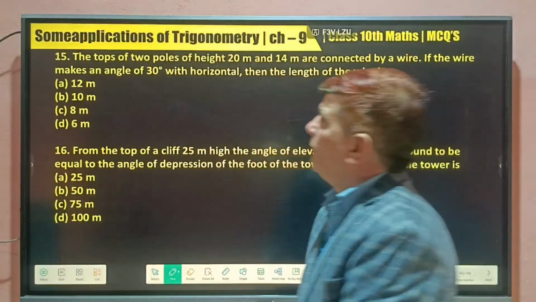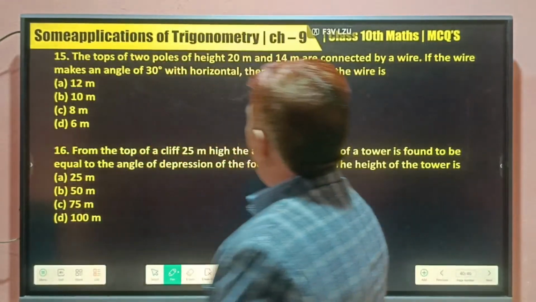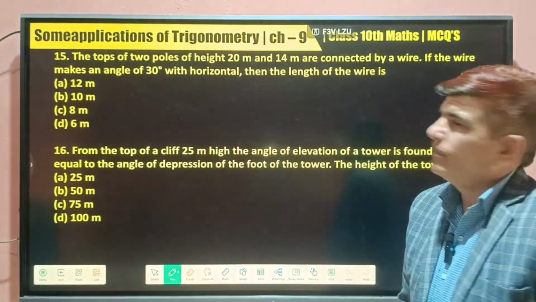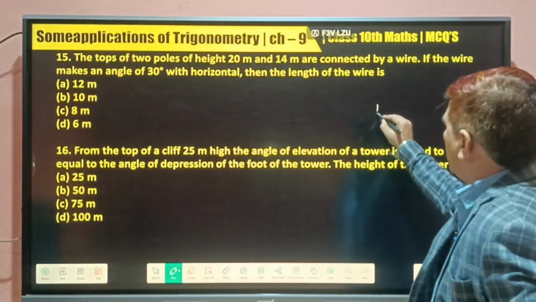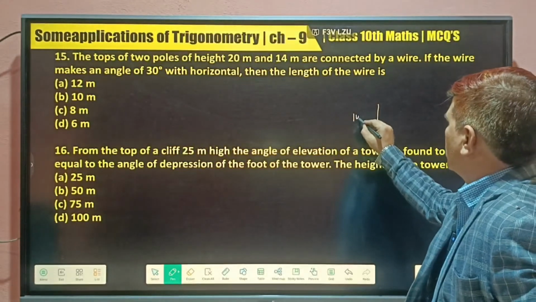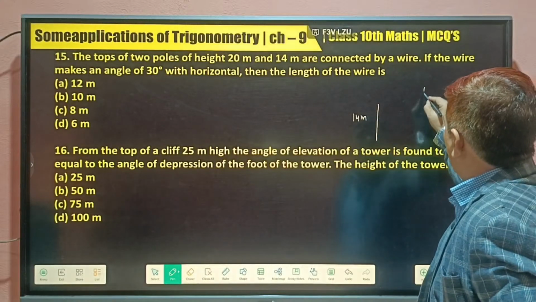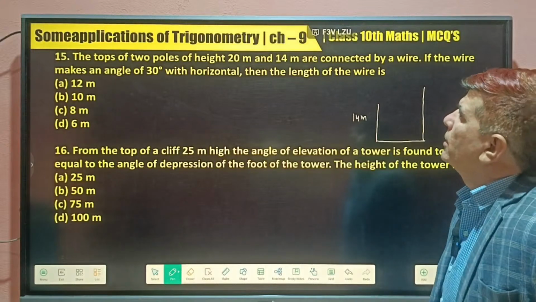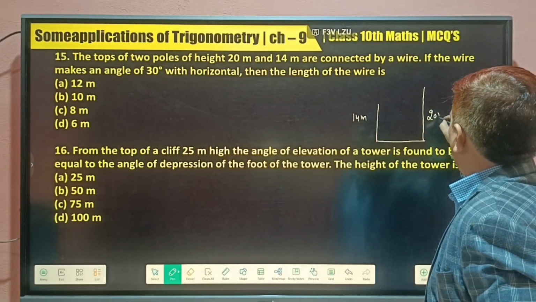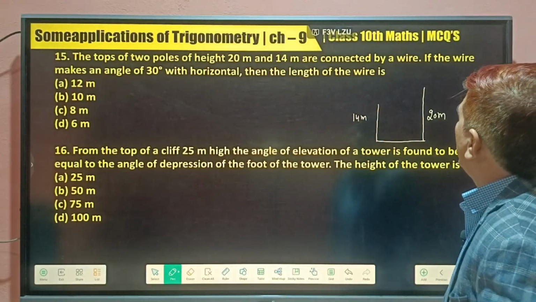Question number 15. The tops of two poles of height 20 meter and 14 meters. So this is a pole whose height is 14 meter. Another one is a pole whose height is 20 meter. Connected by a wire.